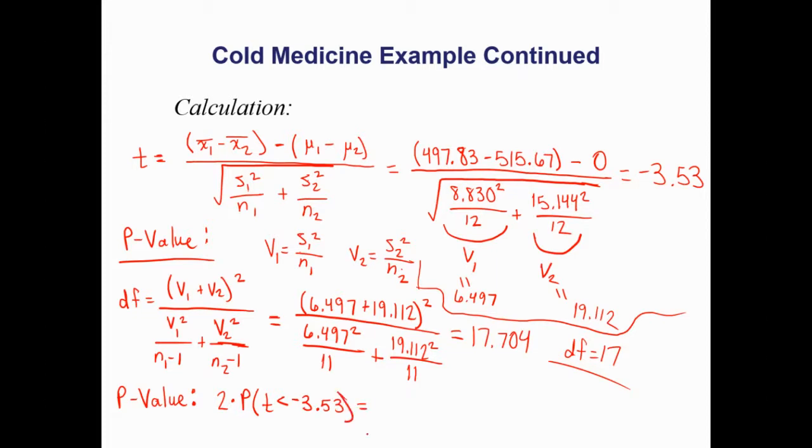Because it's a two-tailed test, we can only find one tail at a time. But since it's symmetric, we can just multiply that one tail times 2. And that is where your calculator would come in to do the TCDF.